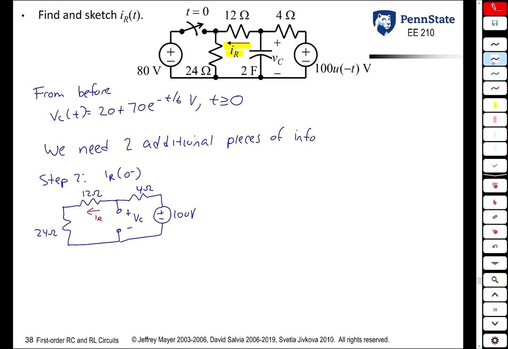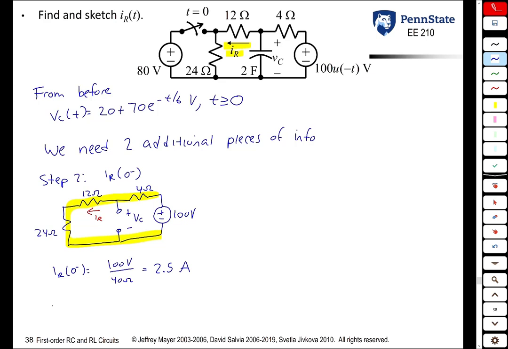It's pretty easy to see that IR at 0 minus is just Ohm's law. It's 100 volts divided by 4 plus 12 plus 24, or 40 ohms. So we get 2.5 amps.